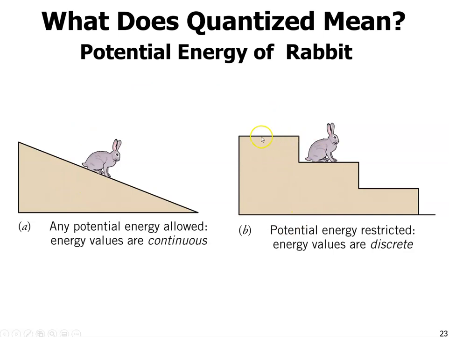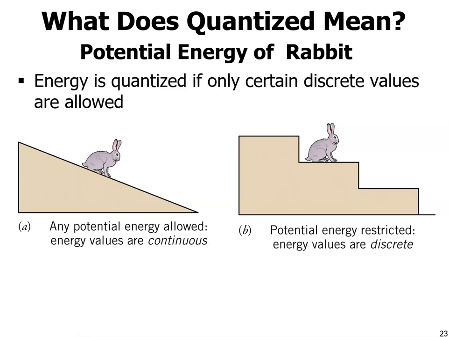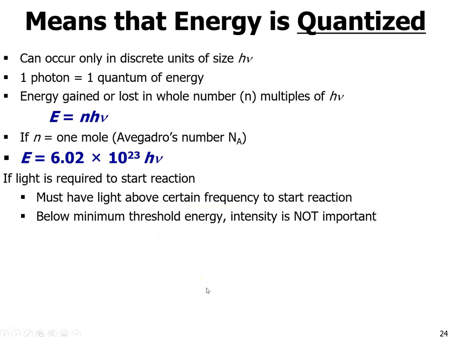This quantized energy means that packets of energy have a known specific amount, and it's unambiguous. We know exactly how much energy that is, based off of our understanding of Planck's constant and the frequency of that packet of energy. When looking at photons or electromagnetic radiation, these are all quantized groups of energy. They occur in discrete units, as I mentioned, which have the size of Planck's constant times nu, or the frequency of that photon.